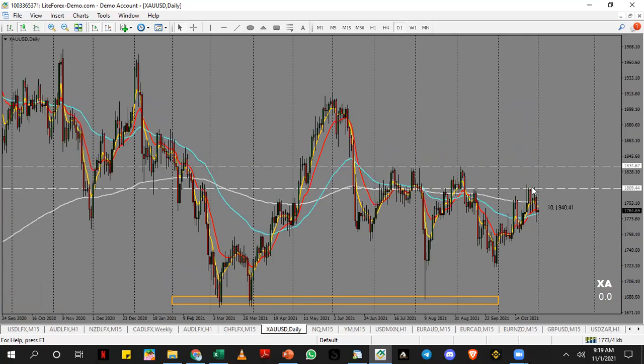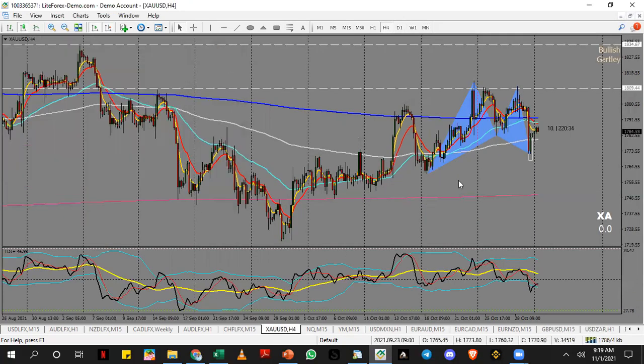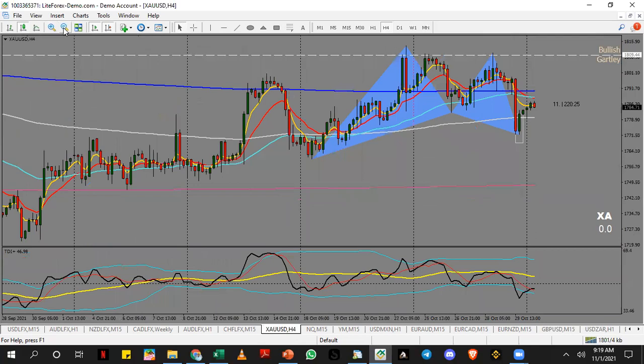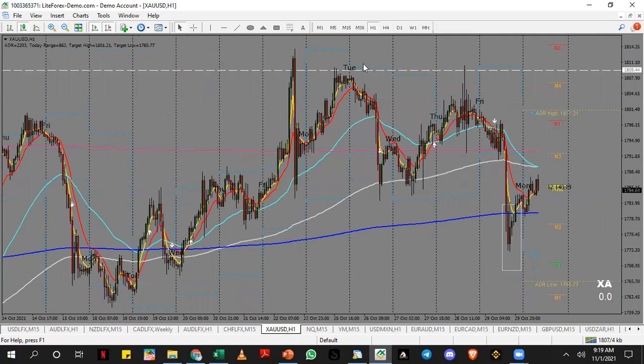So right now, we are bearish. You can see we had our peak formation high.